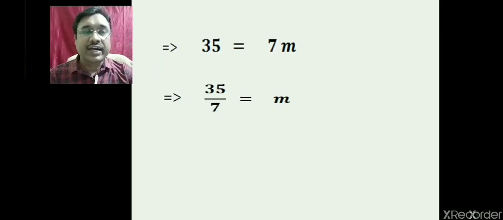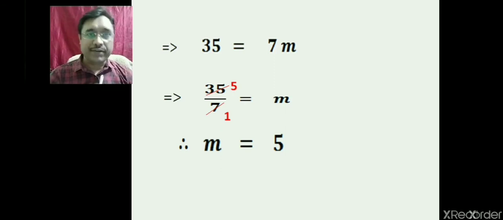So m equals 35 by 7. That means m equals 5, since 7 into 5 is 35. So this way you can solve the equations by this transposition method also.